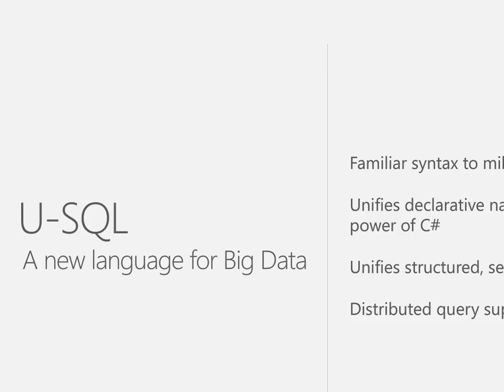U-SQL essentially is a new language built by Microsoft for processing big data workloads, and it is nothing but a combination of T-SQL plus C# expressions for managing and processing, or filtering and applying conditions on top of the big data that you have, right?